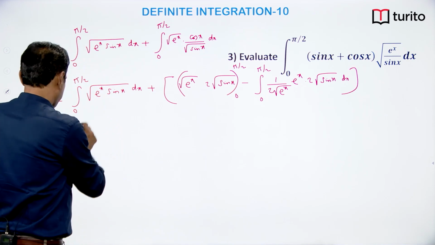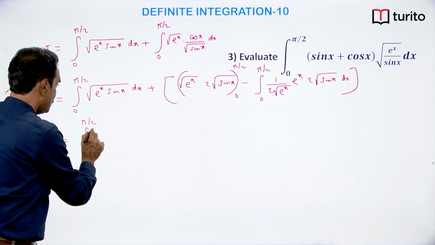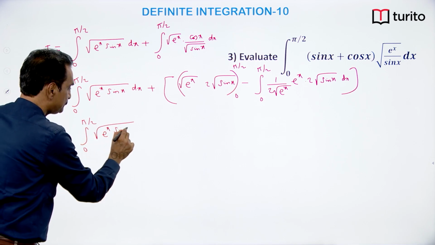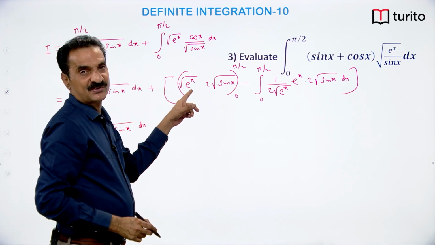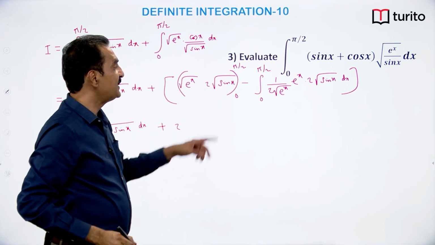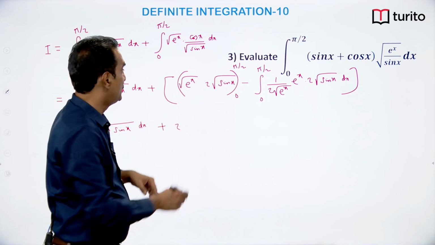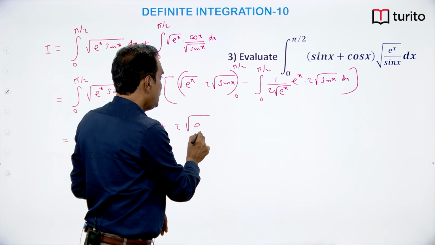Now, this is as it is. Here you substitute the limits, 2 into substituting pi by 2, sin pi by 2 is 1, so it is 2 into 1, and this becomes root over e power pi by 2.